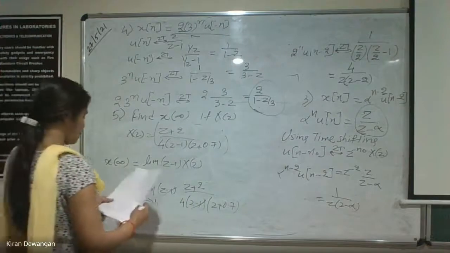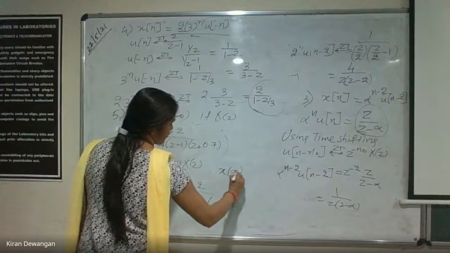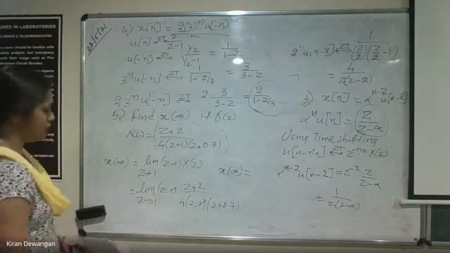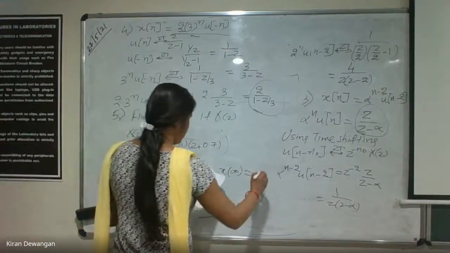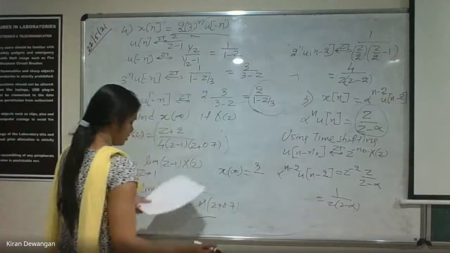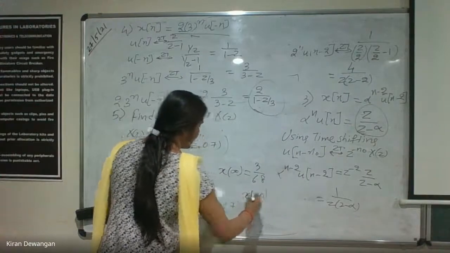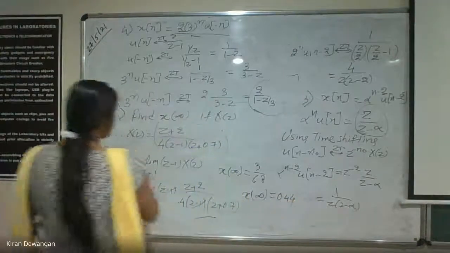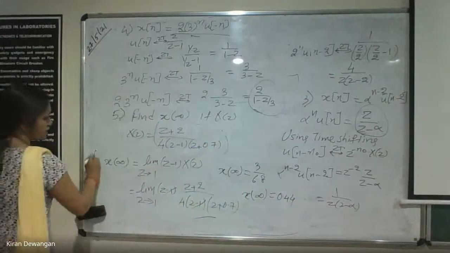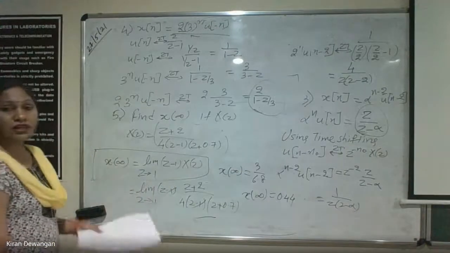So x of infinity, applying z as 1, comes out to be 3 by 6.8, and the x of infinity value will be just 0.44. So we just have to apply the formula. We should just remember this formula to obtain the steady state value.